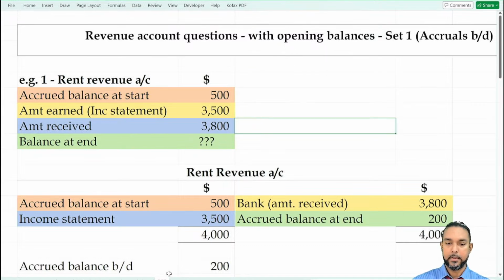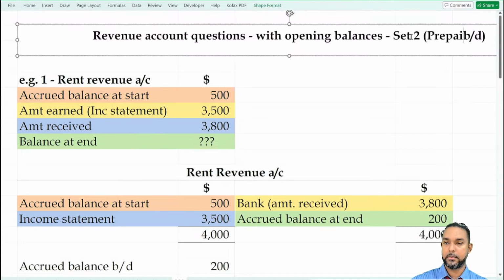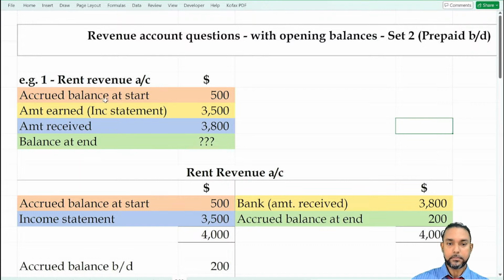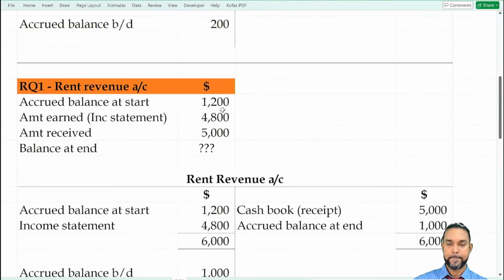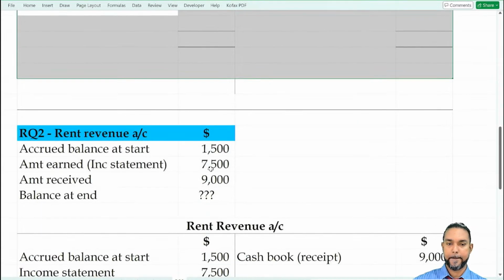So what I'm going to do now is look at revenue accounts with open balances at start, and this will be prepayments. Prepaid product. All right, just going to clear out some stuff here real quick.